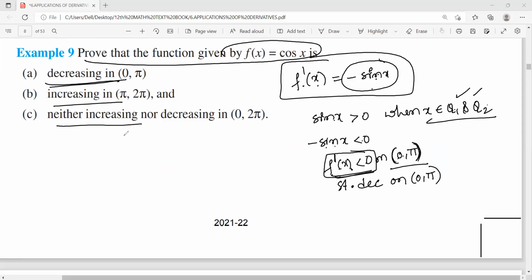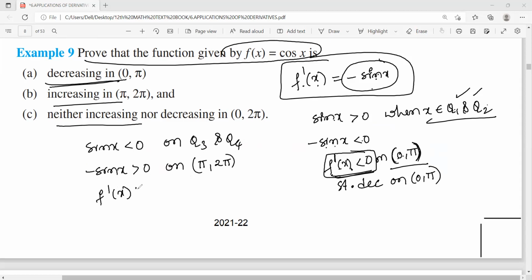So the next one: sin x is less than 0 on the third and fourth quadrant, Q3 and Q4, right? So that means minus sin x is greater than 0. Q3 starts from pi to 2 pi. So f dash of x is greater than 0 on pi to 2 pi.